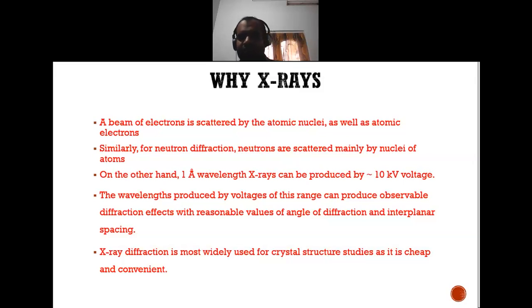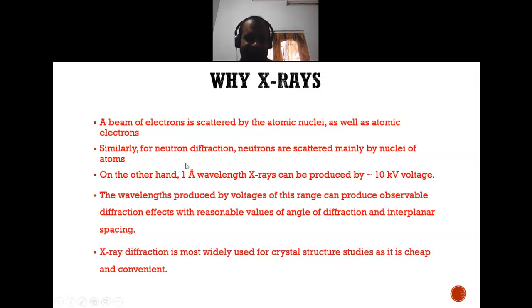Let us see what the advantage of using X-rays is. On the other hand, X-rays of 1 angstrom wavelength can be produced by an accelerating voltage of about 10 kilovolts. Generally, when X-ray diffractometer instruments are operated, 10 to 50 kilovolts of accelerating voltage is used to produce the X-rays.